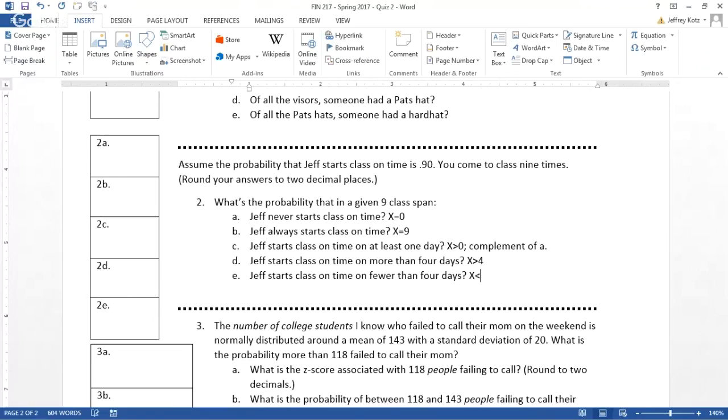Fewer than 4 days, x is less than 4. Note, again, these two things, D and E, are not complements because we have excluded 4.